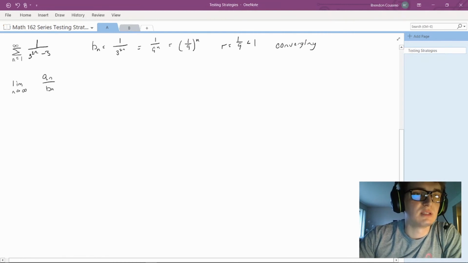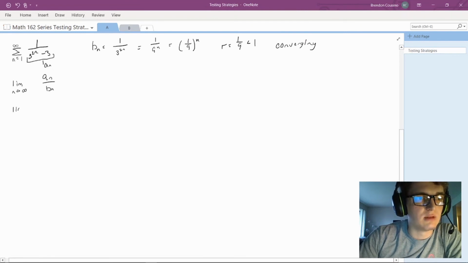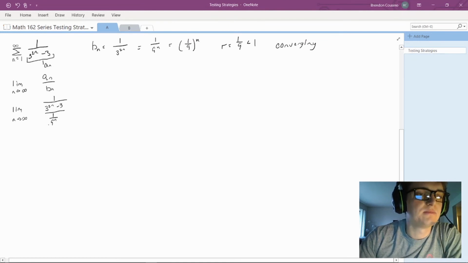So let's go ahead and plug this in. The first thing I'm going to do is specify this is my a of n piece, and let's plug it into the limit. We have the limit as n approaches infinity of a of n, so that's 1 over 3 to the 2n minus 3, divided by 1 over 9 to the n.